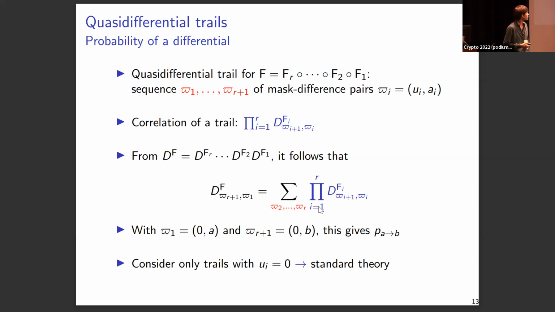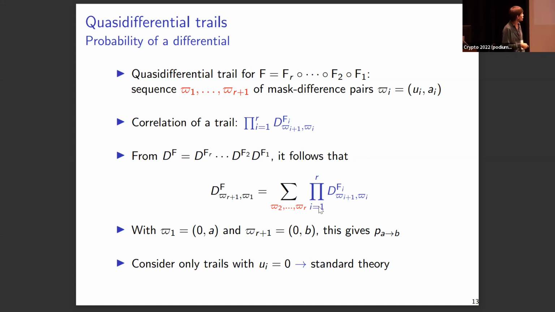And then the interesting part is if we take masks equal to 0 for both the input and the output, then on the left here, that's the probability of the differential. And it shows that the probability of a differential is exactly equal to some sum of correlations of a number of trails. And the idea will be that we select the most important trails and work with them.